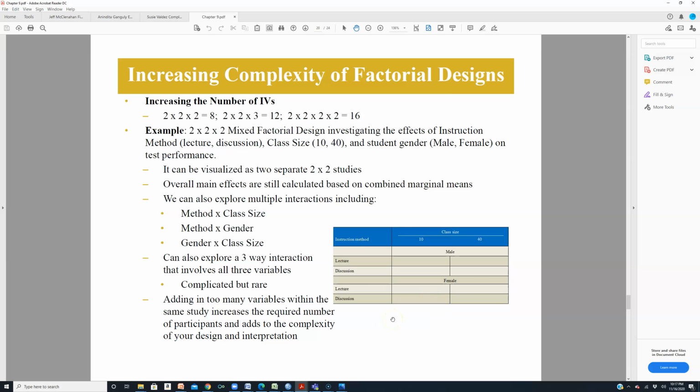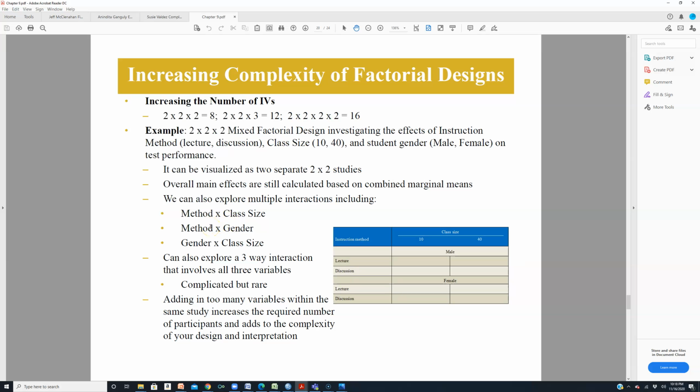I'm also going to study the interaction of every 2 variables. So I'm going to study the interaction between method and class size, method and gender, class size and gender. So interactions are looking at the possible 2 combinations.